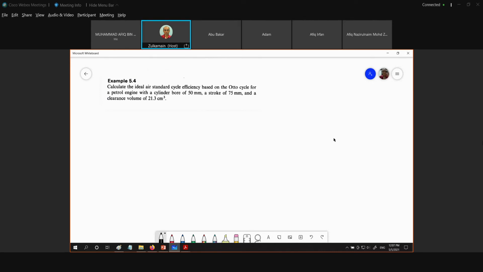Okay, so calculate the air standard cycle efficiency based on the Otto cycle for the petrol engine with a cylinder bore of 50 mm and a stroke of 75 mm and a clearance volume of 21.3 cubic centimeters.